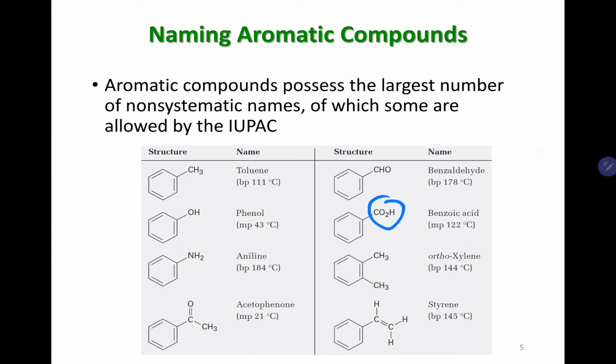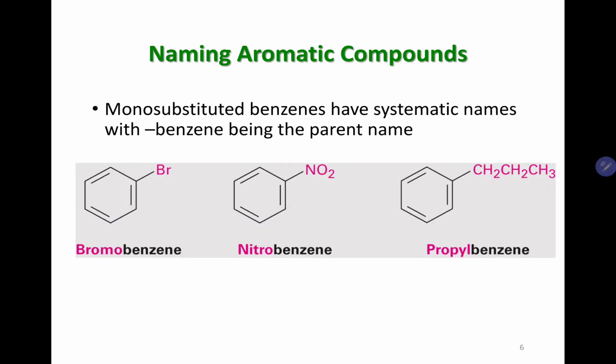And if you have two methyl groups attached to benzene, next to each other, we call it orthoxylene. These are some of the commonly used non-systematic names in naming aromatic compounds. I would recommend that you at least remember the first 6 names because they are very common in naming aromatic compounds.